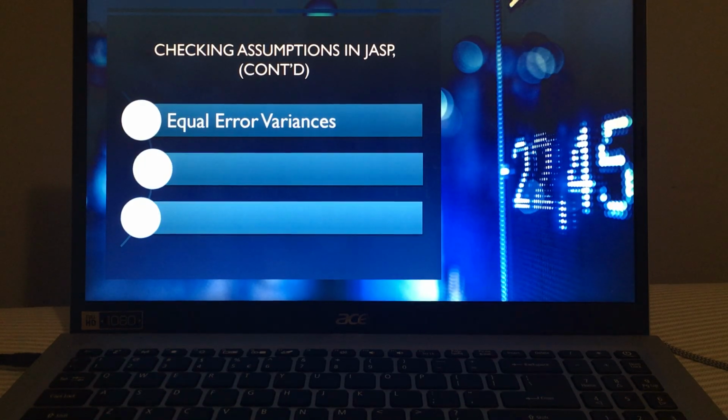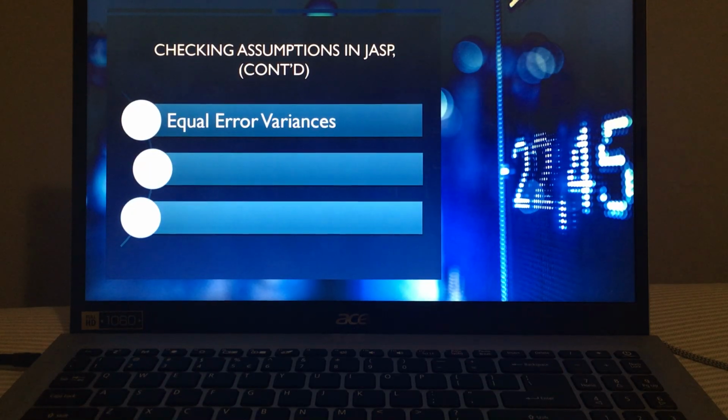This means that the variance of the residuals should be constant across all levels of the independent variable. The spread of the residuals should be roughly the same for all of your predicted values. You can check this assumption using a plot of residuals versus the predicted values and then looking for a consistent spread.